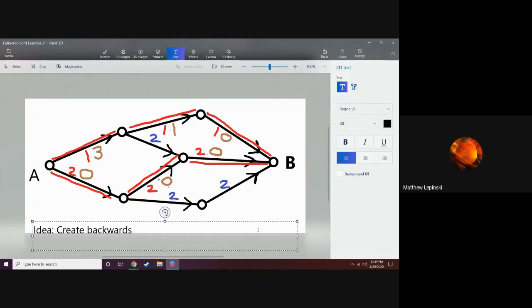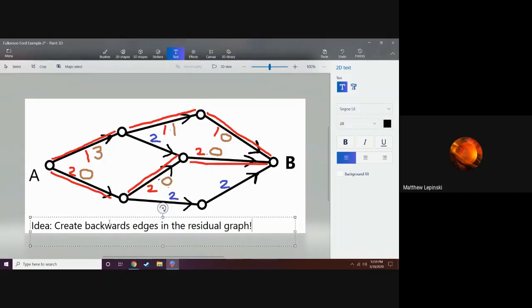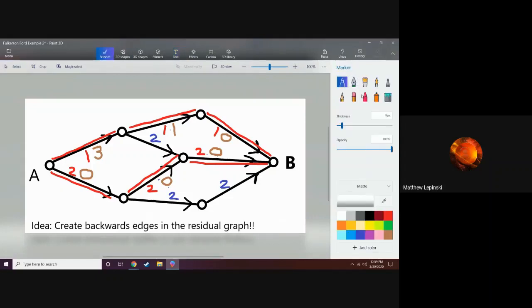So the final key idea here is to create backwards edges in the residual graph. When I say create a backwards edge in the residual graph, what I mean is that whenever we send flow from A down south, let's draw a residual edge.